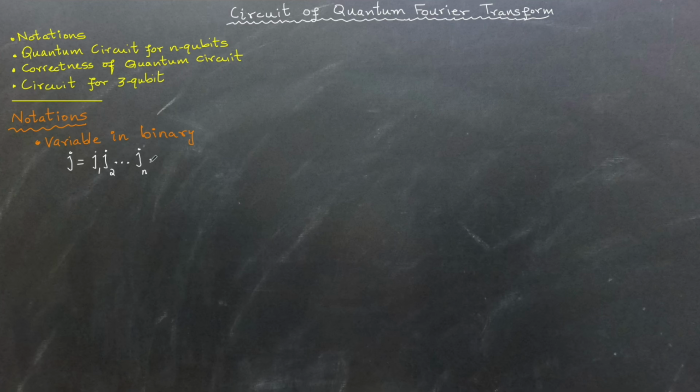In binary form, this translates to j1 times 2 raised to the power of n minus 1, plus j2 times 2 raised to the power n minus 2, continuing in this manner until jn, which is multiplied by 2 raised to the power of 0.